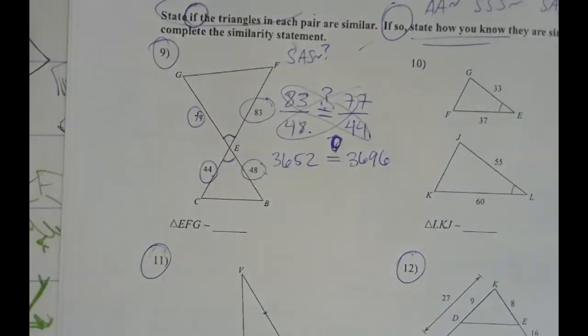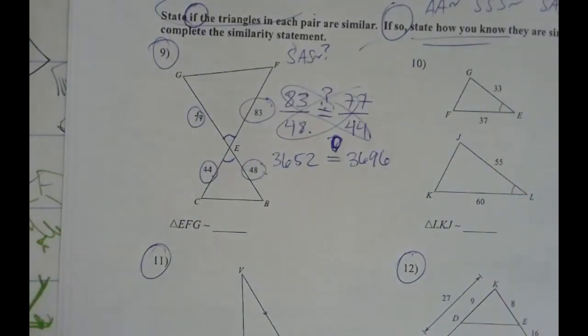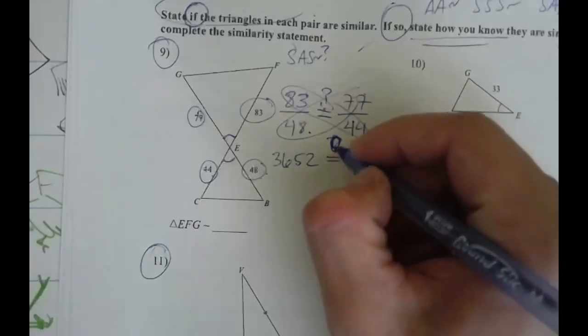Now those numbers are kind of close. If you had divided them, 83 over 48, I get 1.72. If I divide 77 by 44, I get 1.75. Okay, so no. But sometimes the decimals may be close, but then you cross multiply and they're pretty far apart. So in this case, we see these are definitely not equal.